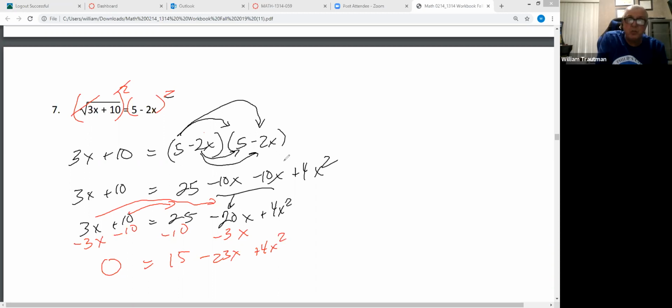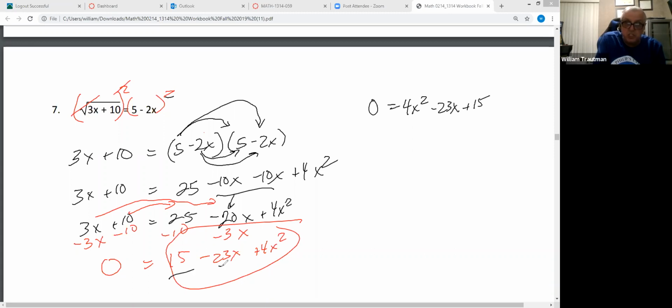So the only way I've ever factored or done anything with x squareds is I'm going to put the x squared first. So I have 0 equals 4x squared minus 23x plus 15. Do you see?